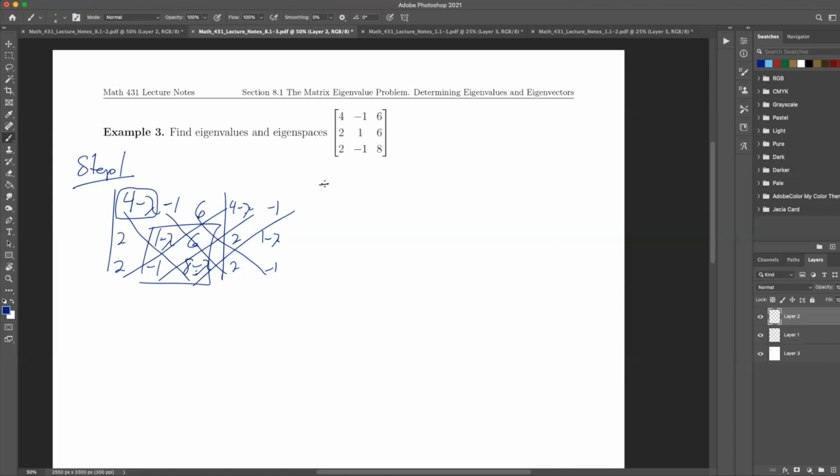And so if I crunch this out, I'm going to have 4 minus lambda, 1 minus lambda, 8 minus lambda, plus the quantity of -1 times 6 times 2, plus the quantity of 6 times 2 times 1, minus the quantity of 2 times 1 minus lambda times 6, minus the quantity of -1 times 6 times 4 minus lambda, minus the quantity of 8 minus lambda times 2 times -1.